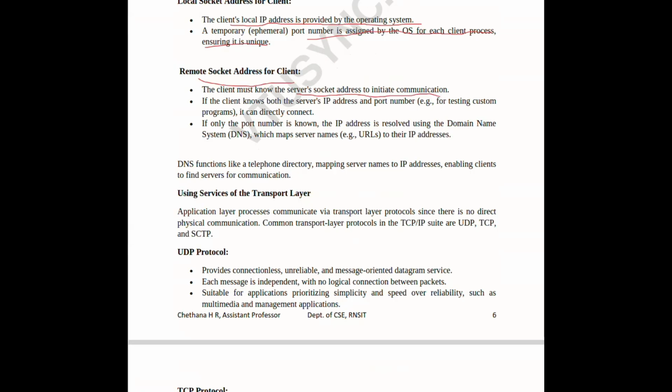Without the server socket address, it cannot initiate the communication. If only the name is known, the IP address is resolved using the DNS, domain name system. DNS functions like a telephone directory, mapping server names to IP addresses, enabling clients to find servers for communication.